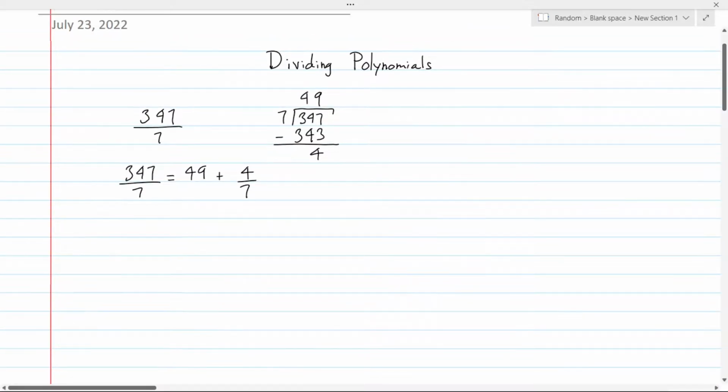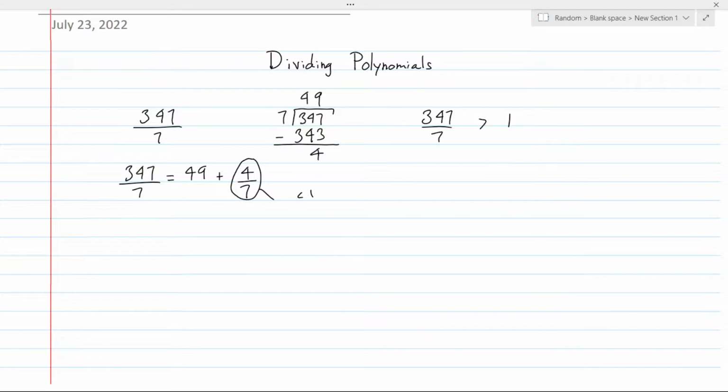And we're done. Now notice we have gone from 347 divided by 7, in which the fraction is greater than 1, to a situation where we have a fraction 4 over 7, which is less than 1. And that's how we know to stop.